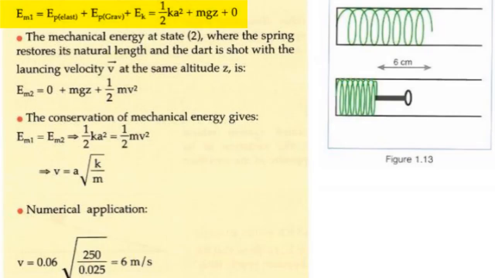State 1 at x = a, where a = 6 centimeters, and state 2 at x = 0. The friction is negligible. Therefore, EM1 at state 1 = EM2 at state 2. Therefore, we can calculate the velocity v = a√(k/m).